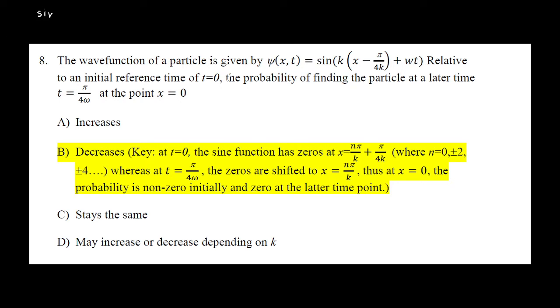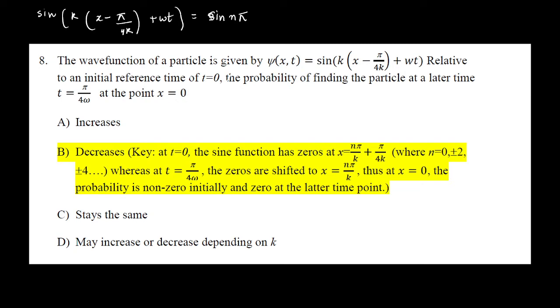So if sine of k x minus pi by 4 k plus omega t equals 0, we need to figure out the value of x, so we would be finding the zeros of the function. Sine would be 0 when the argument is an integral multiple of n pi, where n can be 0, 1, 2, 3 and so on.